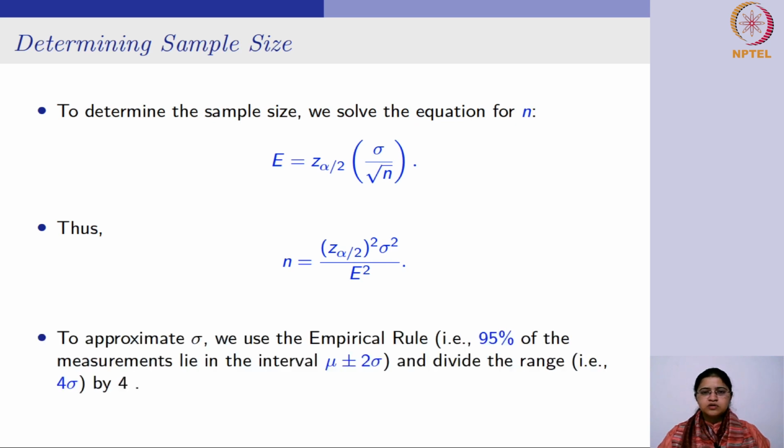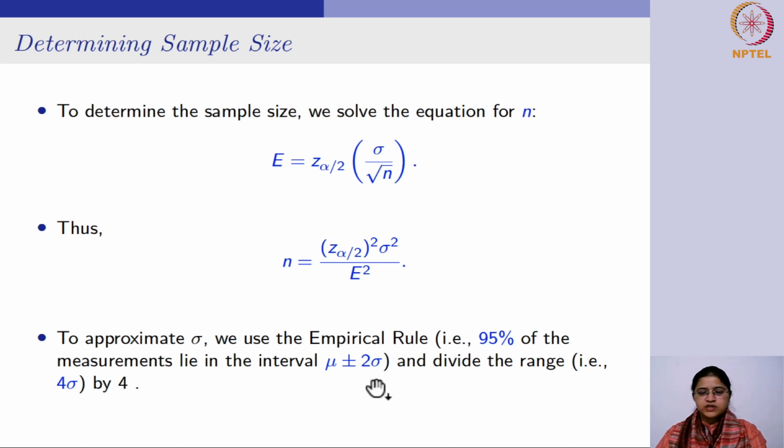If you can recall, in the second or the third week, we studied the empirical rule, the standard rule of thumb, which says that 95% of the observations would lie between mu plus minus 2 sigma, and then we go to 99.7% for mu plus minus 3 sigma, likewise. So if we consider the empirical rule, it says that 95% of the measurements lie in this interval.